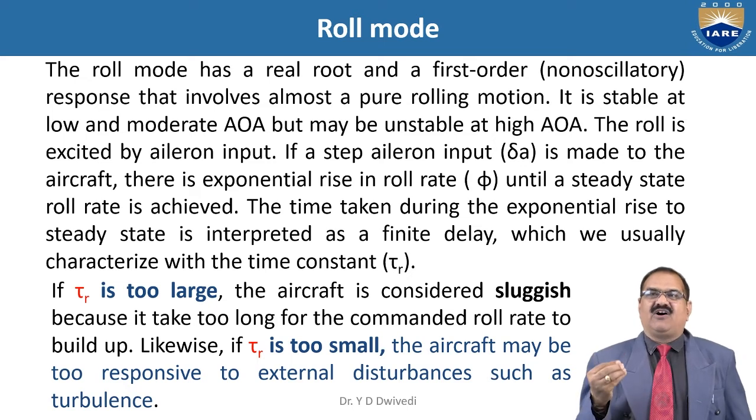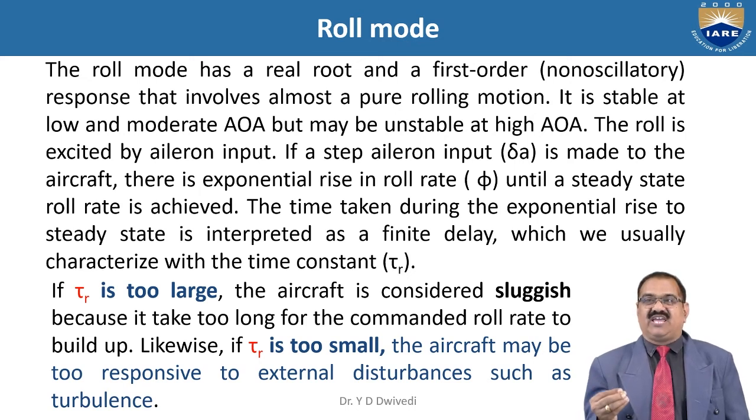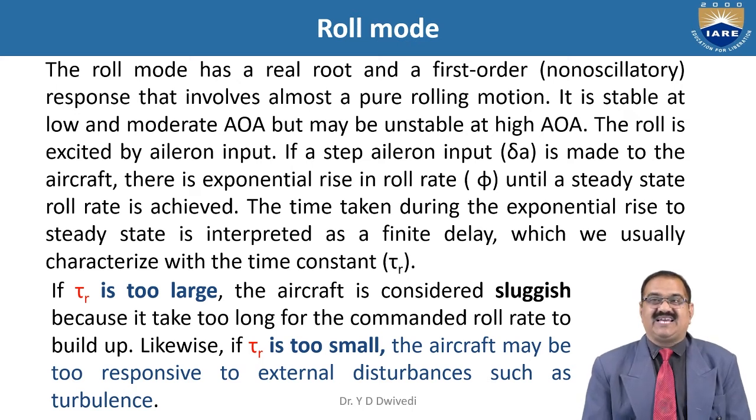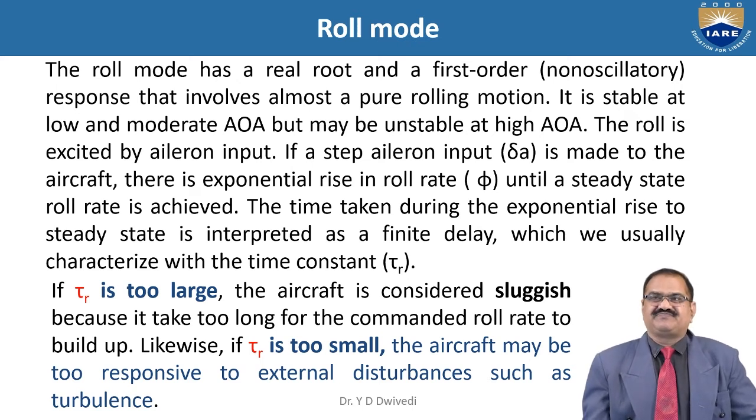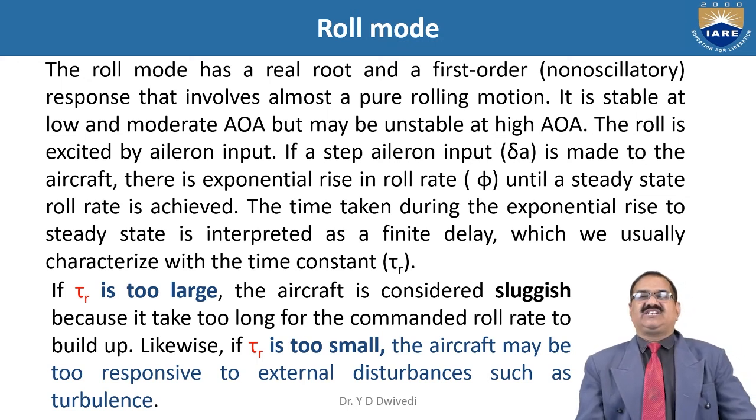If a step aileron input delta A is made to the aircraft, there is an exponential rise in roll rate until a steady state roll is achieved. The time taken during the exponential rise to the steady state is interpreted as the finite delay, which we usually characterize with the time constant tau r.